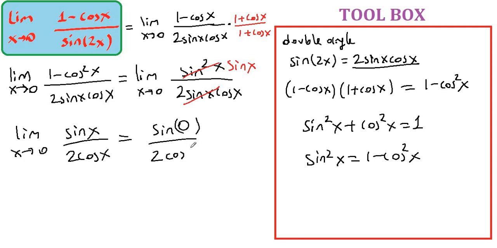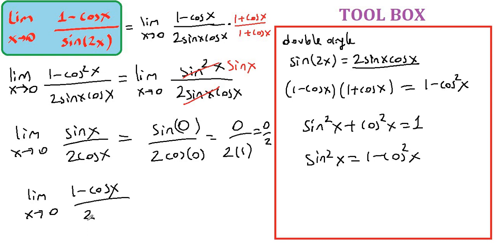Sine of 0 is 0 and cosine of 0 is 1. So it's going to be 0 over 2. So the limit as x is approaching 0 of 1 minus cosine x over sine of 2x is equal to 0 using the double angle identity.